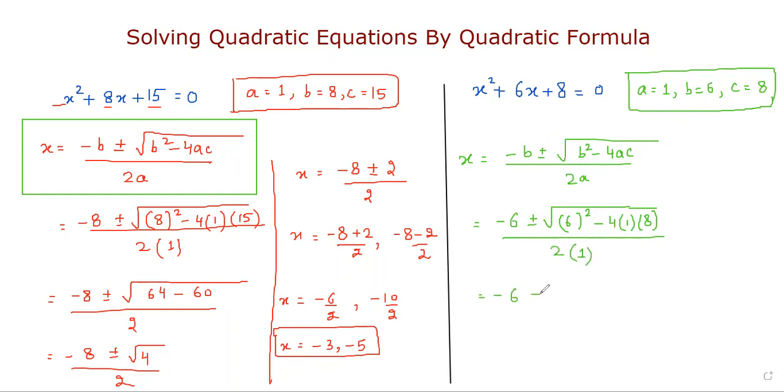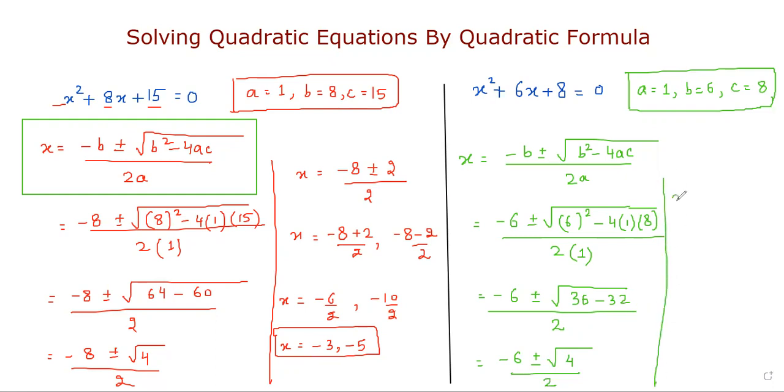It will be minus 6 plus and minus 6 square is 36 minus 8 times 4 is 32 over 2 times 1 is 2, which is equal to minus 6 plus minus 36 minus 32 is again 4 over 2.